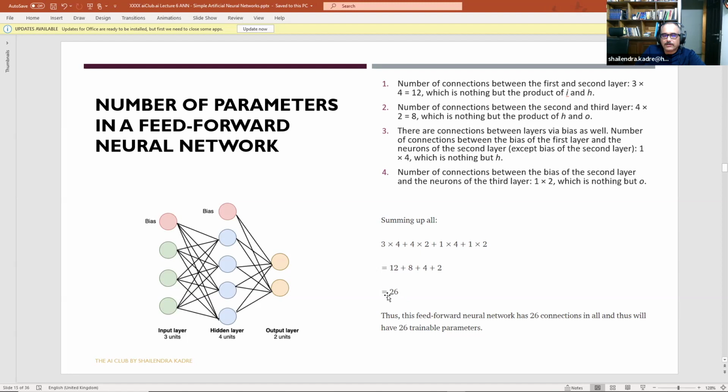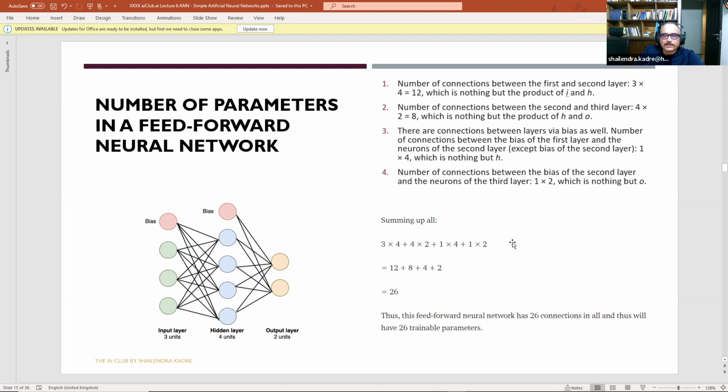Now you see how to calculate the weights and biases. First, between the input layer and the first hidden layer, there are 12 weights, 4 into 3. Then plus 4, the 4 biases of the hidden layer. Then plus 4 into 2.